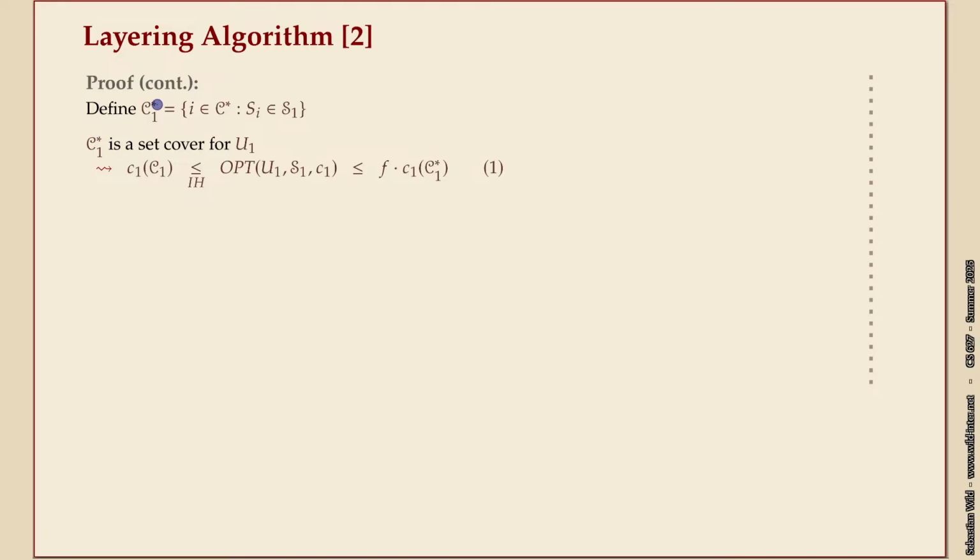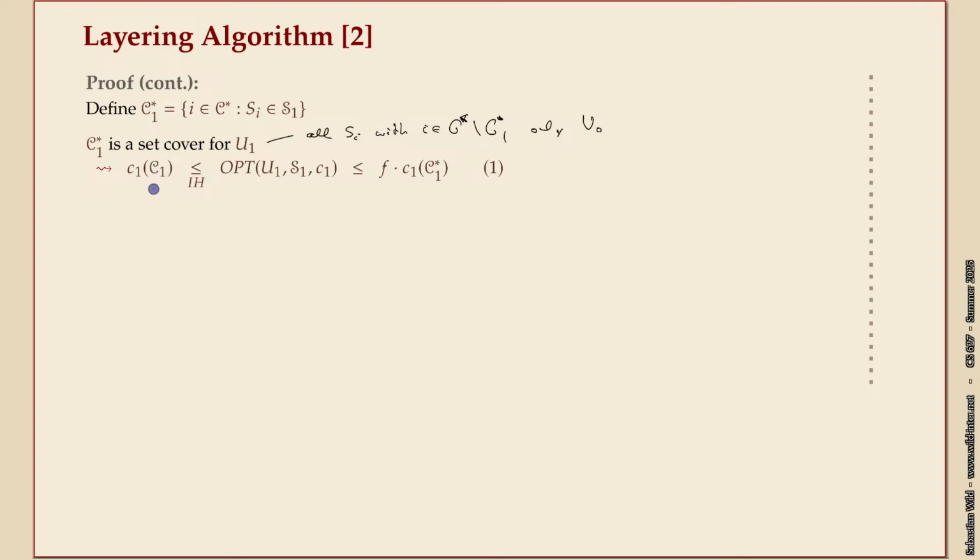We've got that this restriction is a set cover for U1 because all the sets where this i is in the optimal solution, but not in C star 1, they only cover the size proportional part, so they can only cover U0. And so U1 was the complement, that's what's left. To cover these, I have to use the sets with indices in this curly C star 1.